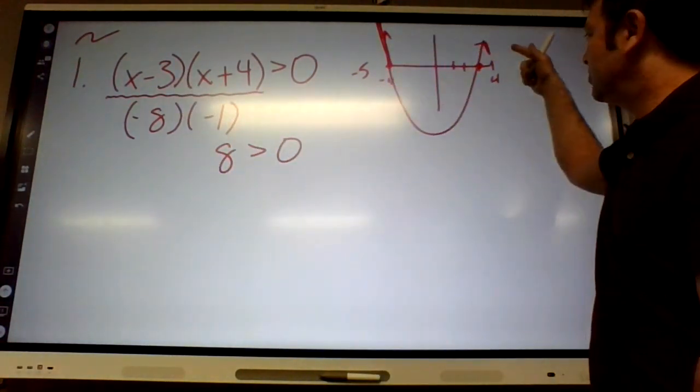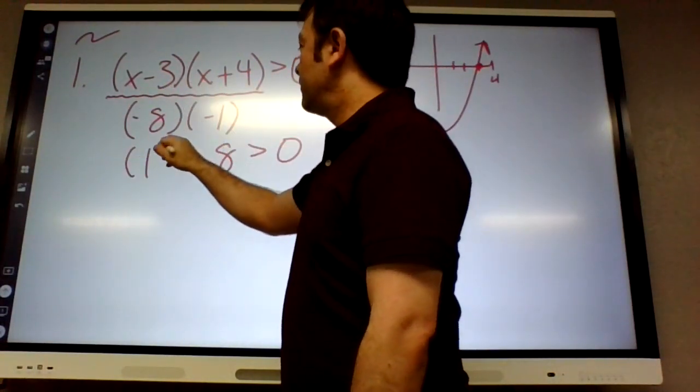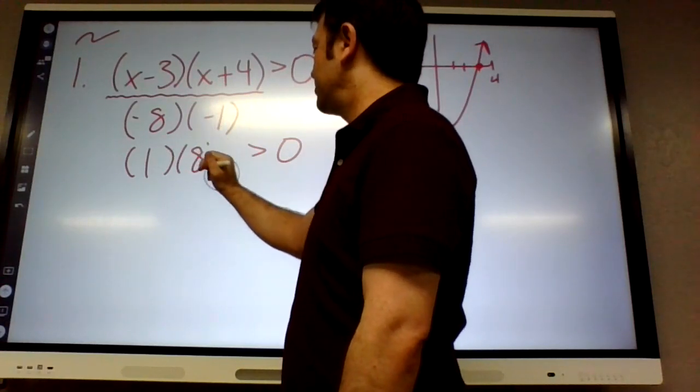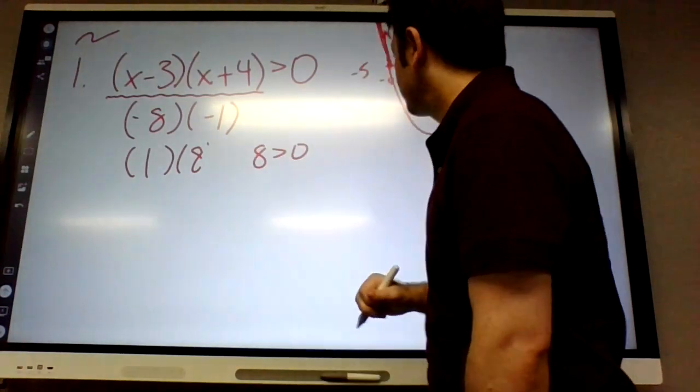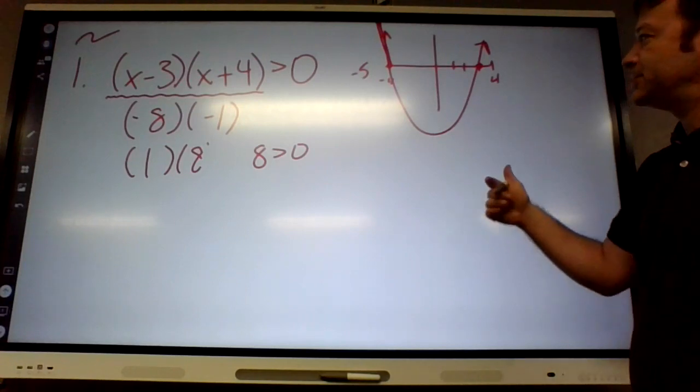They all work. Or if I plug in 4, 4 minus 3 is 1, and 4 plus 4 is 8. So if I plug in 4, it's also going to be greater than 0. So for what x values is this function greater than 0?